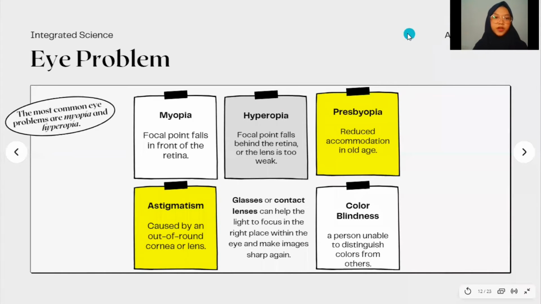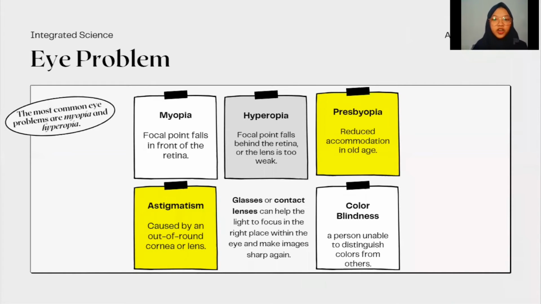And next we talk about eye problems. There are several eye problems, such as myopia, hyperopia, presbyopia, astigmatism, and color blindness. Myopia is when the focal point falls in front of the retina. Hyperopia is when the focal point falls behind the retina or the lens is too big.